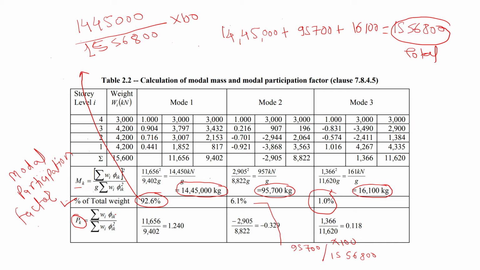So here simply what we will do, we will take this value, that is summation of wi phi ik, divided by this summation of wi phi ik bracket square. So you will get the values. Similarly 2905 divided by 822, you will get this answer. 1366 116200, you will get this value.